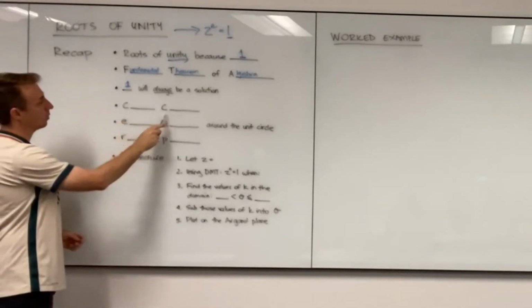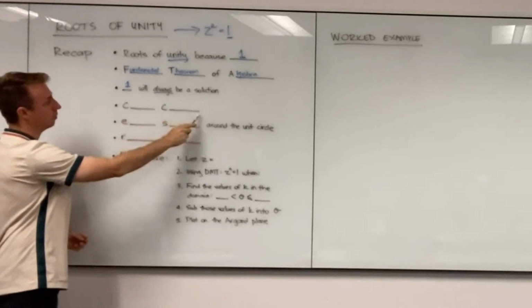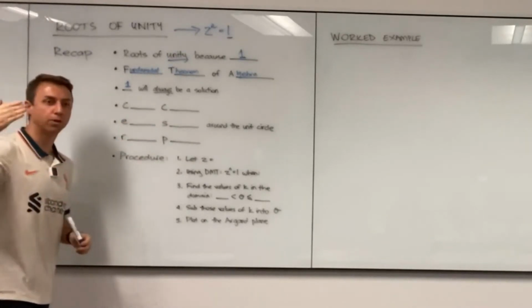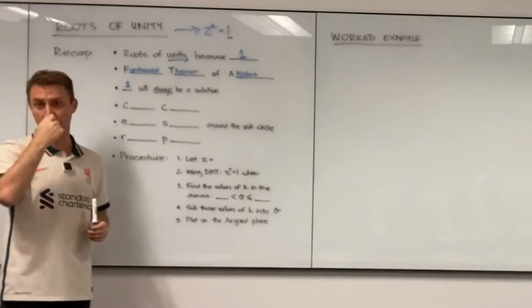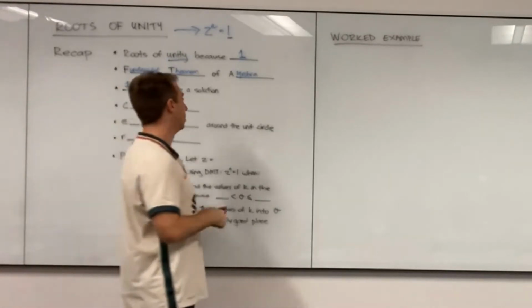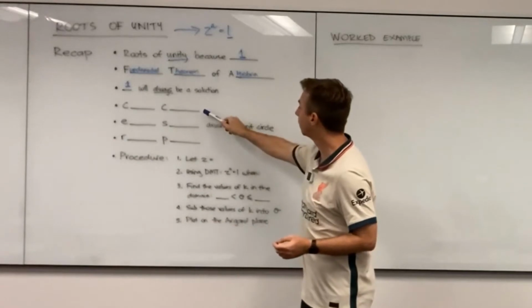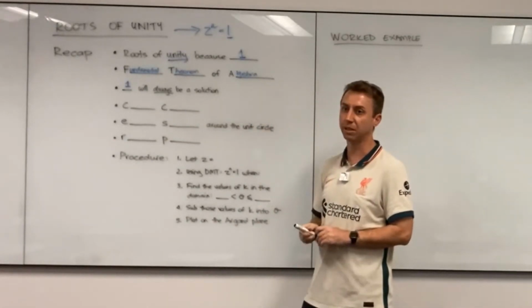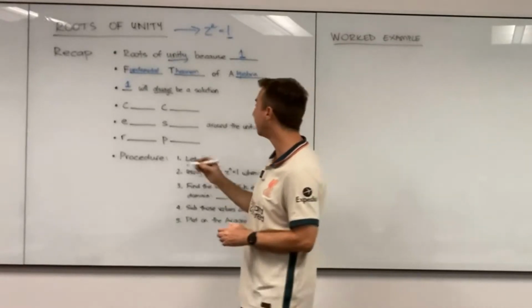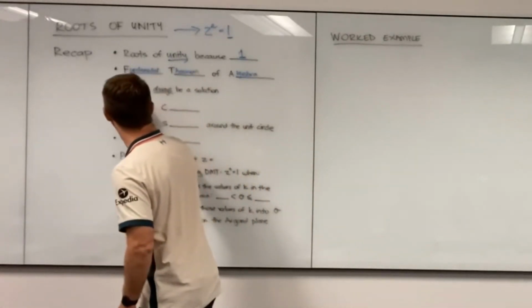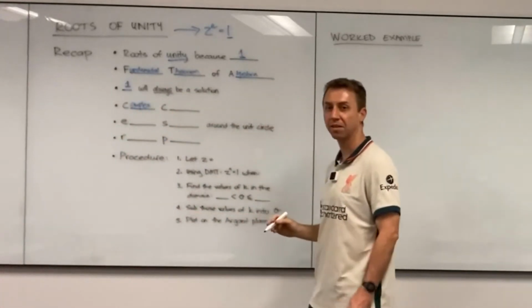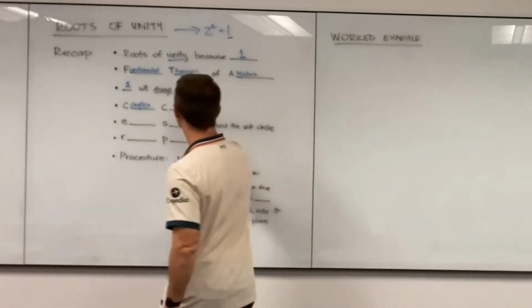What about these two words? Anyone want to guess what they might be about? What's something we learned when we were first getting introduced to complex numbers? I'll give you a hint: the first word is complex. Complex conjugates, very good.